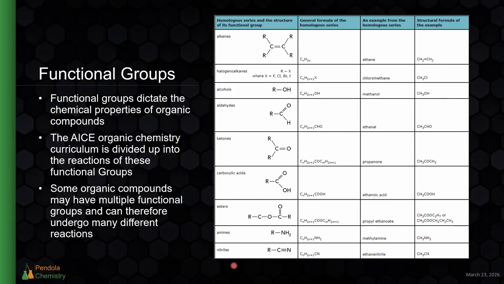Now, we do have 2 other functional groups that are going to come up on the test. One of them is amines, which we're only going to look at as primary amines in AS chemistry. We'll look at secondary and tertiary in A-level chemistry. Amines in AS chemistry are always going to be primary, meaning we're going to have an R bonded to an NH2.